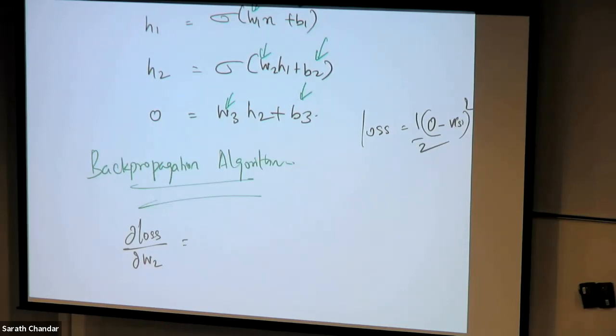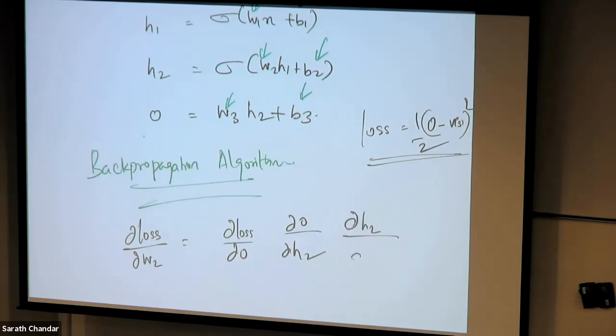I'm doing a squared error between the network's prediction O and the true value function, let's say. Now you see that this loss does not have W2, right? However, we know that O is a function of H2. H2 is a function of W2, right? So I can actually compute dou loss by dou W2 as dou loss by dou O, and then dou O by dou H2, and dou H2 by dou W2. Is that clear?